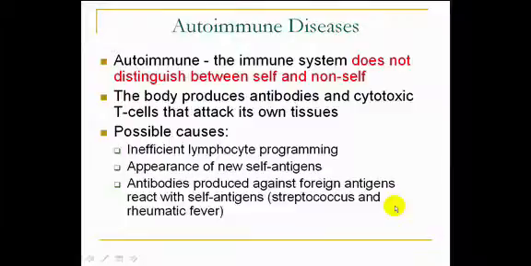Those memory cells are traveling around your body and they're looking for the antigen. But what if they find a marker on your own cells that is close enough? It's similar to the antigen, and they might trigger an immune response to it. They've seen a link between a streptococcal infection, which is a type of bacteria, and the cause of rheumatic fever, which is an autoimmune response against the heart tissue.